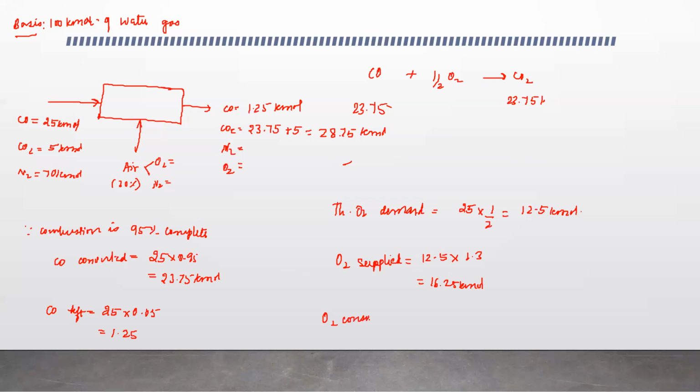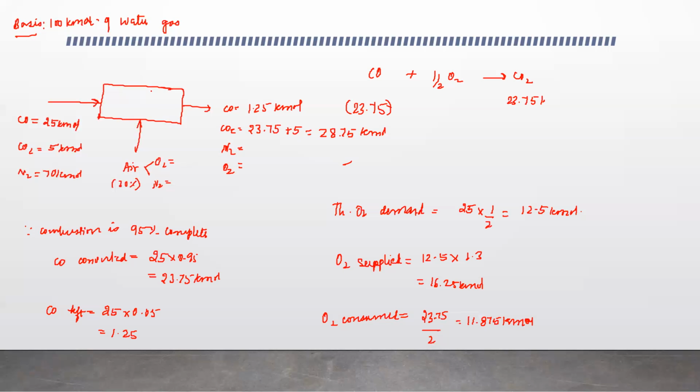Now remember, so far in most of the questions, we have considered oxygen consumed equal to theoretical oxygen demand. But this time, oxygen consumed would only be the oxygen that would convert 23.75 kilomole of carbon monoxide into carbon dioxide. So it's going to be 23.75 by 2, that is 11.875 kilomole oxygen consumed.